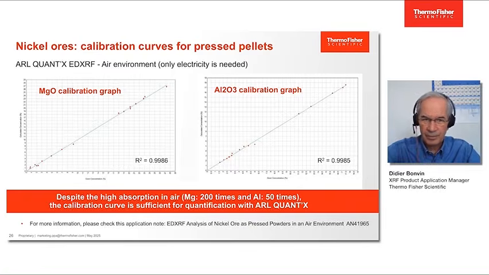We express on the x-axis the alumina concentrations, but we get quite a nice calibration curve. We do align all our calibration samples nicely, despite the quite low intensities that we get. So this shows that even in air environment, we have the possibility to use a benchtop EDXRF system in order to do some quantification in a remote location in the middle of the jungle.